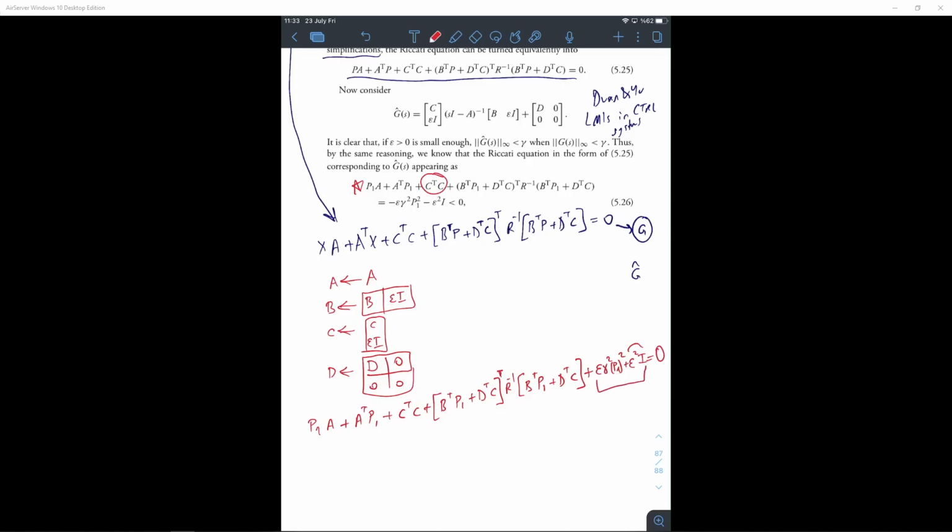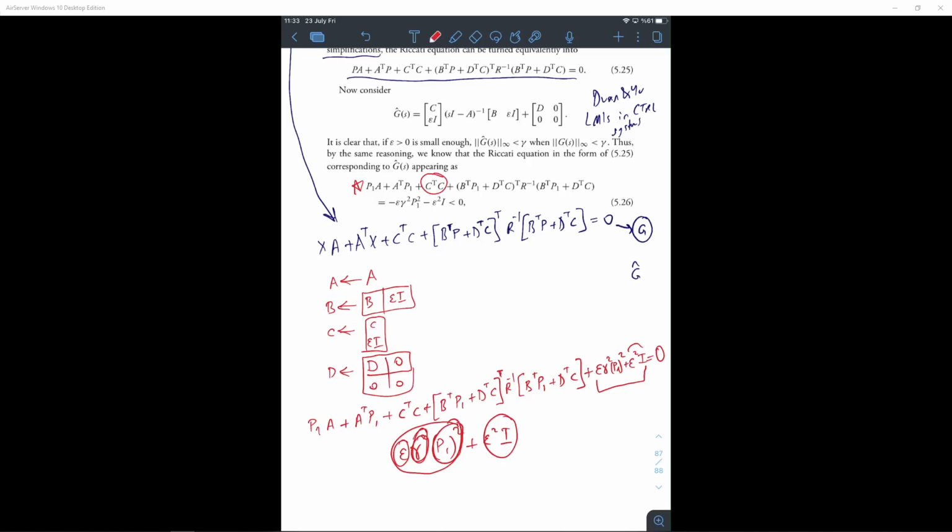And since this term, okay, let me zoom in, P1 square plus epsilon square identity, all right, this is positive, and this is also positive, by definition epsilon positive, gamma square positive, and P1 is positive, and so does P1 times P1.